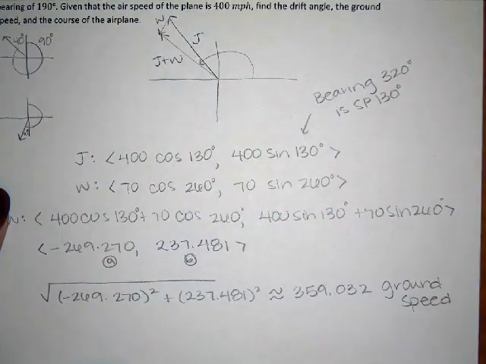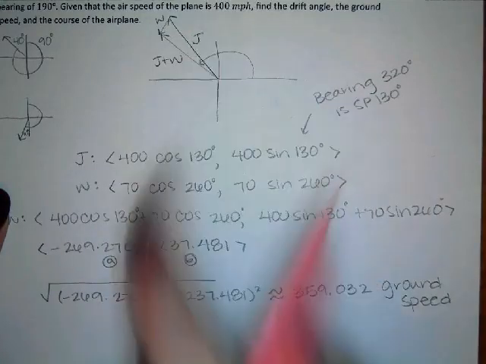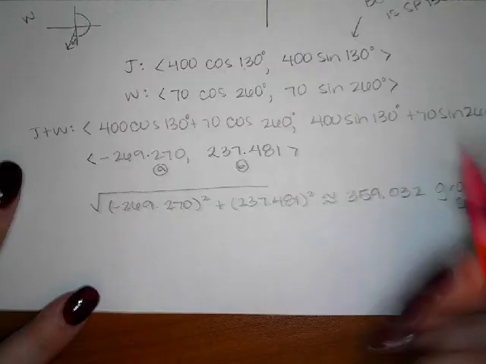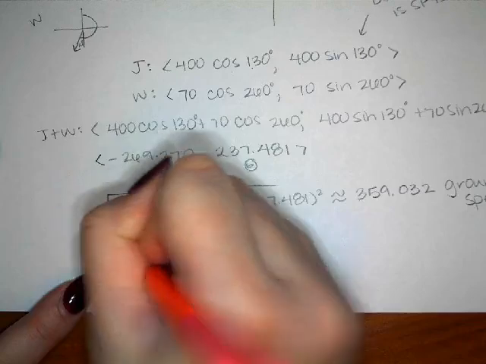Okay, so I'm just going to write tan theta is the vertical component divided by the horizontal component. And I'm going to make sure that this angle that I get is a quadrant 2 angle.